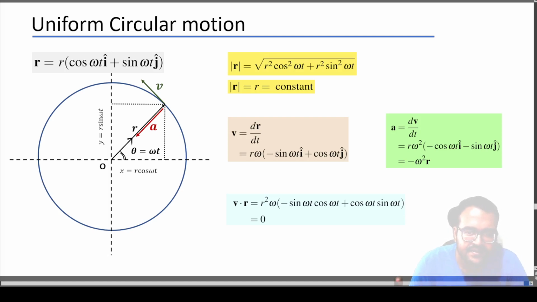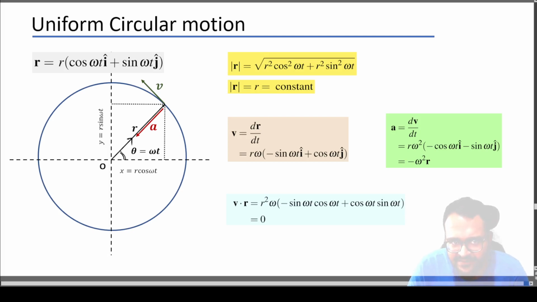Your r as a vector is r cos omega t i cap plus r sine omega t j cap. If you're not getting how it's happening, think about geometry once again. If this is your r, this is your x, and x is r cos theta, y is r sine theta, and as it's a uniform circular motion, your theta is omega t in terms of your angular velocity. Omega is d theta/dt.